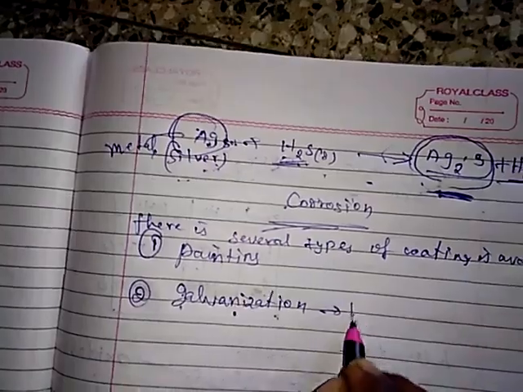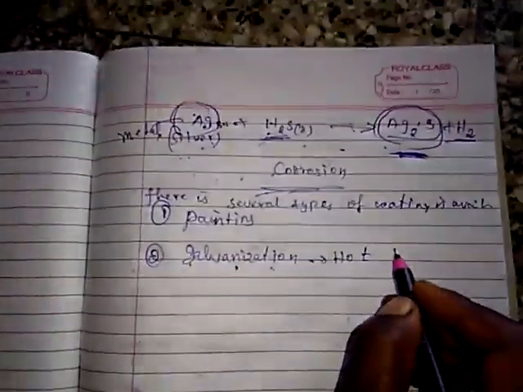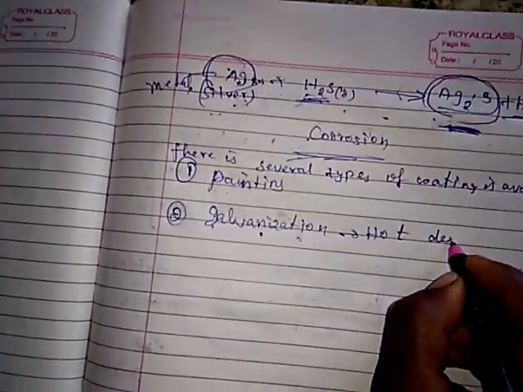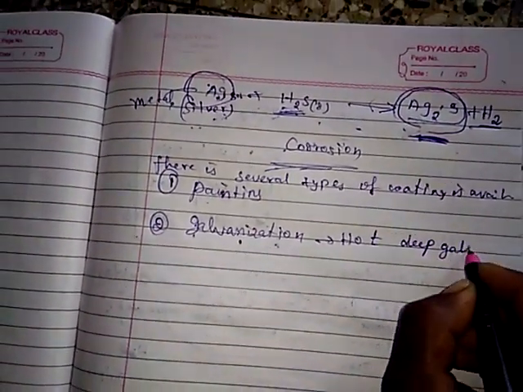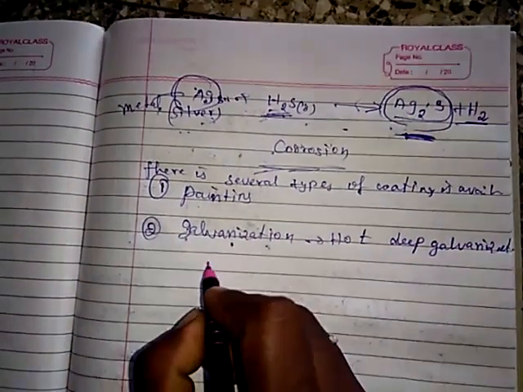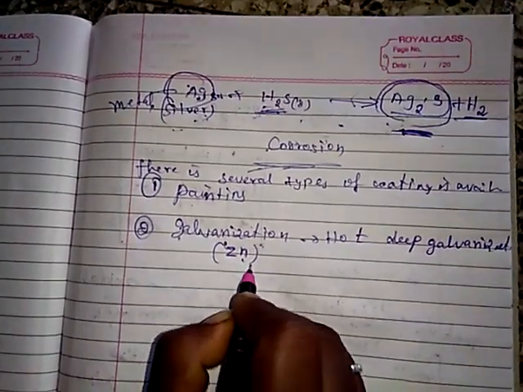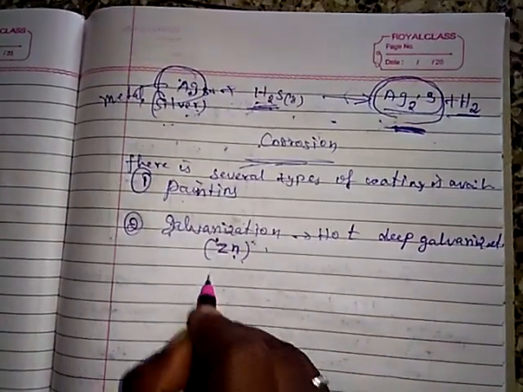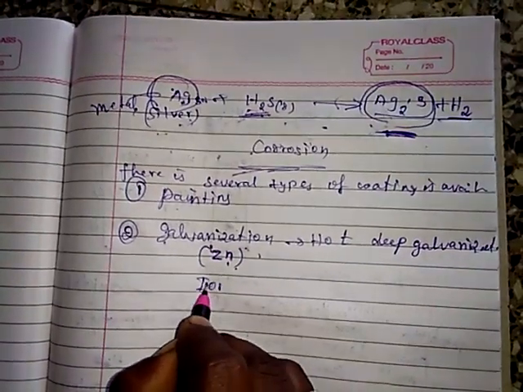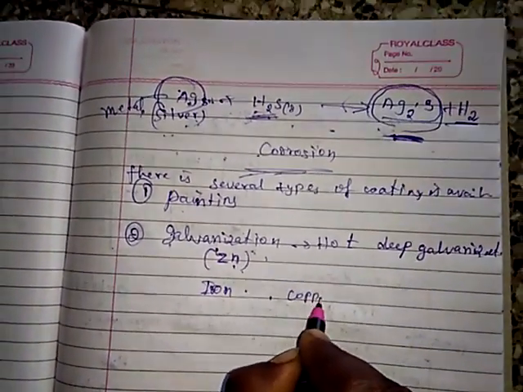This is hot dip galvanization. A zinc coat is put on the iron or copper metal.